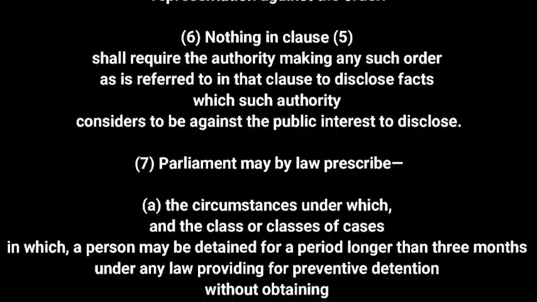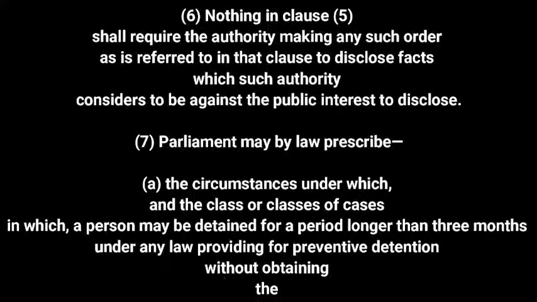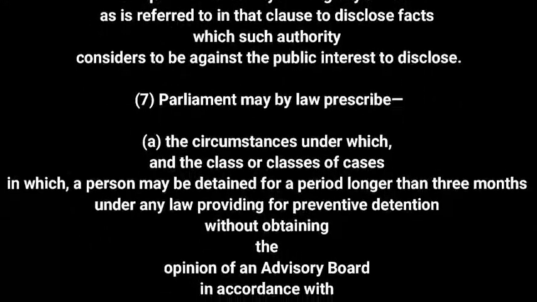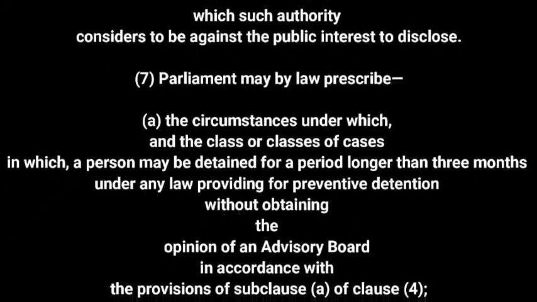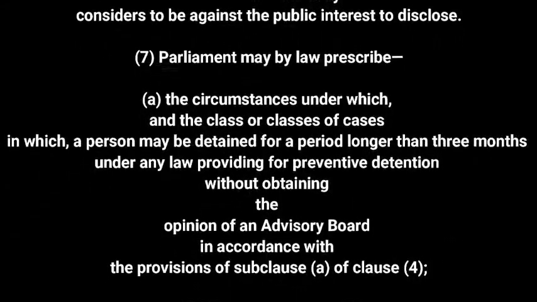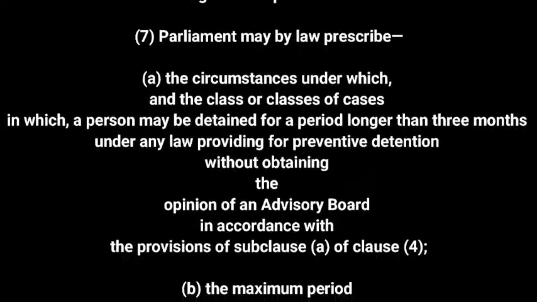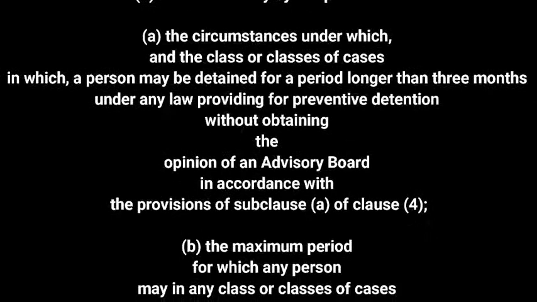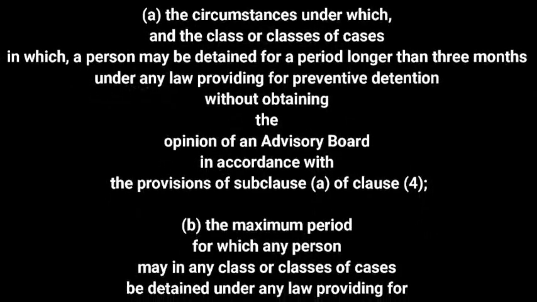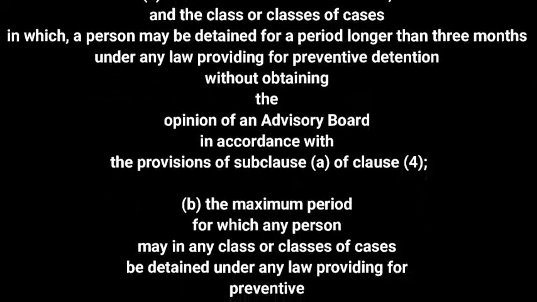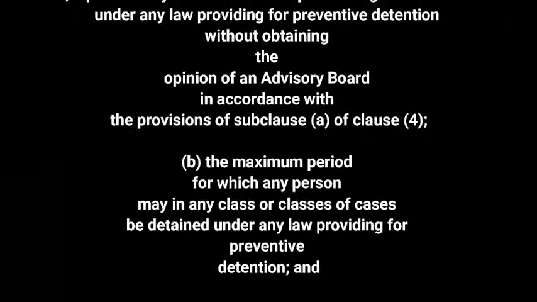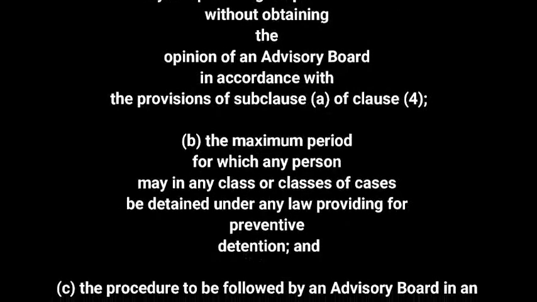7. Parliament may by law prescribe: A. The circumstances under which, and the class or classes of cases in which, a person may be detained for a period longer than 3 months under any law providing for preventive detention without obtaining the opinion of an advisory board, in accordance with the provisions of sub-clause A of clause 4.